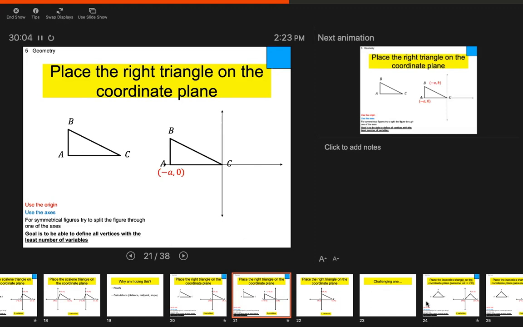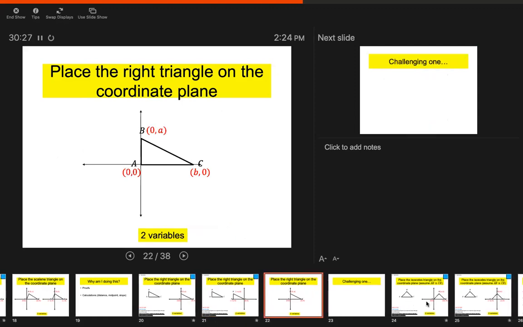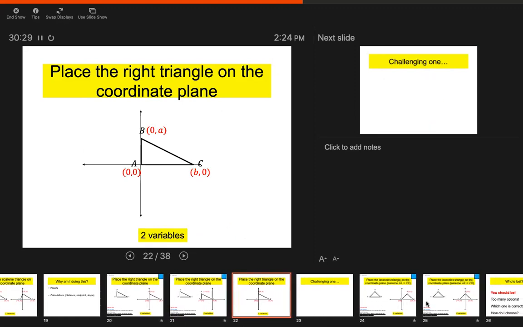So just negative... How far did you go across? The same across as you did to A. Negative A comma B. So negative A, comma B. And where's C? 0, 0. All right, two as well. Would most people choose this? Probably not, but you'll notice it does have the same amount, still two variables. Okay, that's kind of interesting. But it seems more complicated. It is, and this is what most people would choose. Okay, cool.